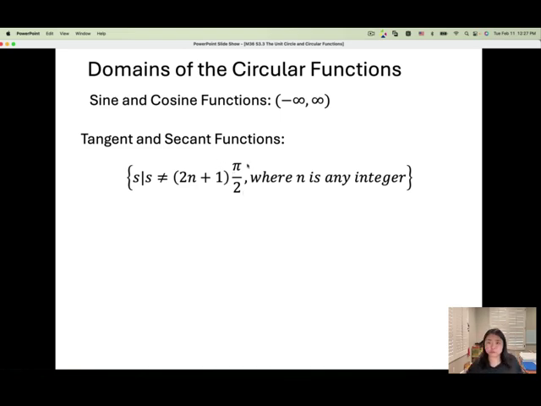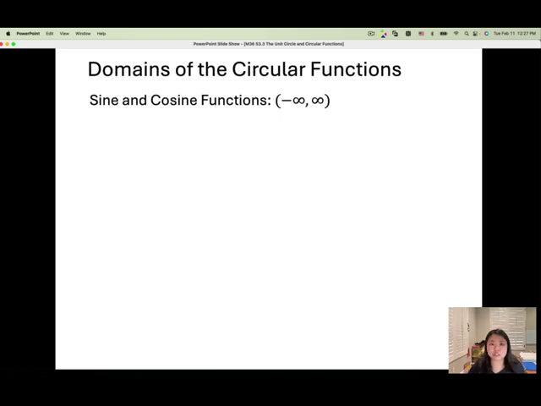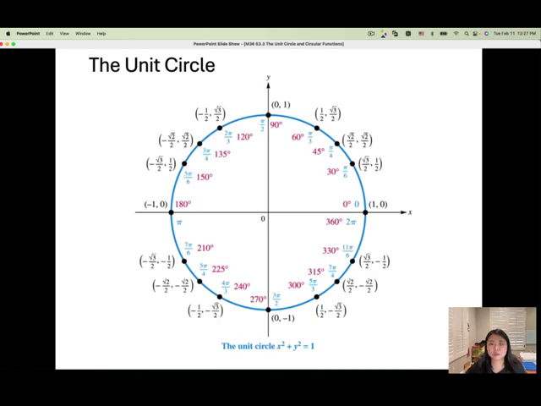You could look at the unit circle here, the tangent and the secant. When s equal to pi over 2, talking about like this point, okay, this is s equal to pi over 2, what would happen for the tangent? Tangent, that is equal to y over x. Okay, y over x.